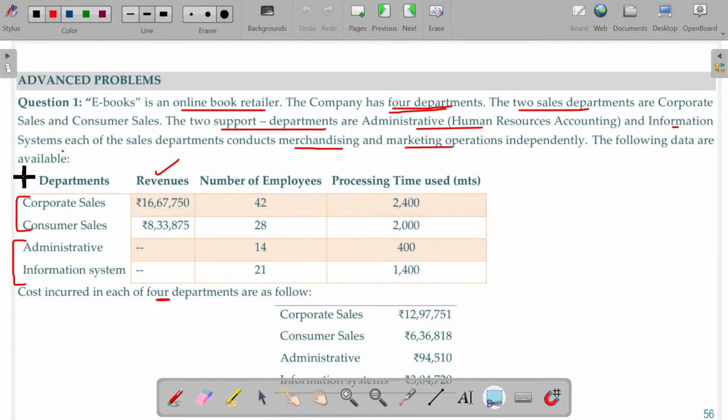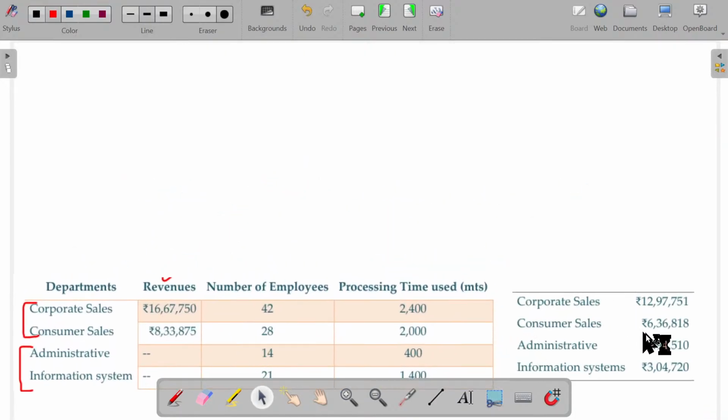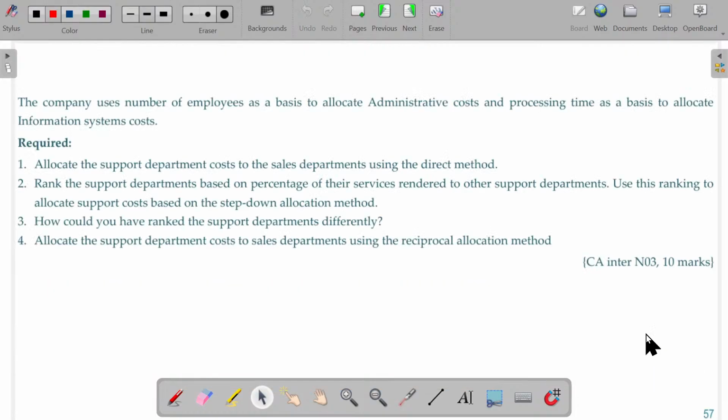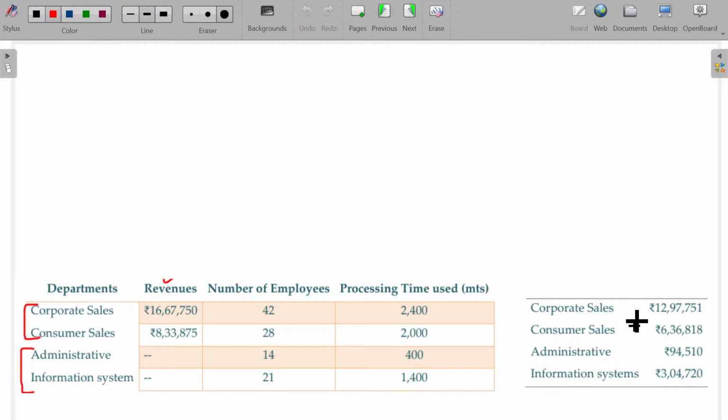Now, this is the other information. The company uses number of employees as the basis to allocate administrative cost and processing time as the basis to allocate information system cost. This will be number of employees.